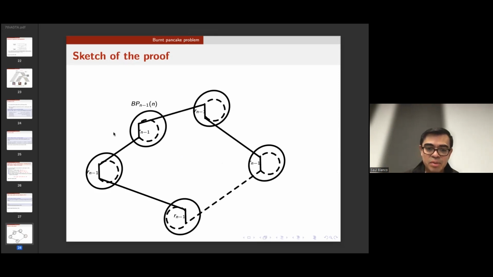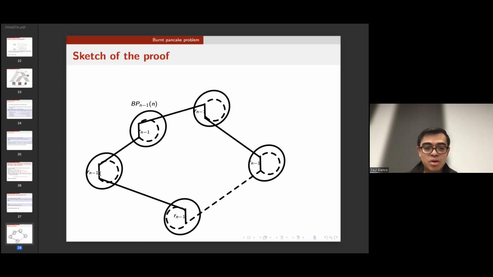So this is the whole BPN, and inside of this, because of this hierarchical structure, you have copies of BPN-1 embedded in the graph. So now we use induction. If you assume you can have all the cycles that you want, that would be our induction hypothesis. You can use all of the cycles that you want inside of each of the copies.